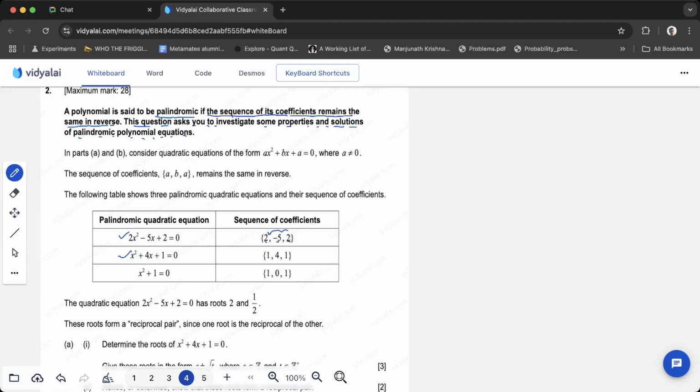In parts A and B, consider quadratic equations of this form, ax squared plus bx plus a equals 0, where a is not equal to 0. So notice that ax squared plus bx plus a, this polynomial, is palindromic because the sequence of coefficients is a, b, a, and in reverse it's also a, b, a.